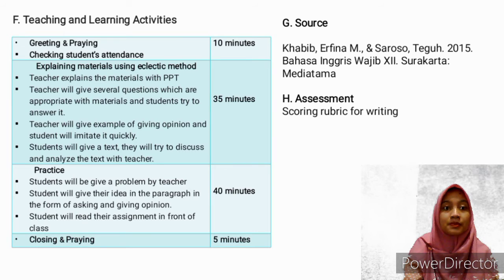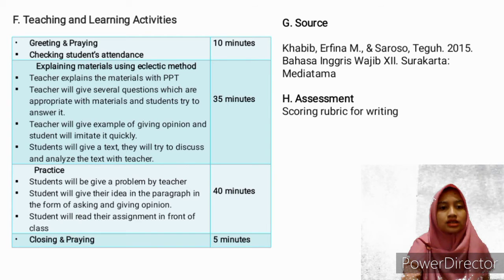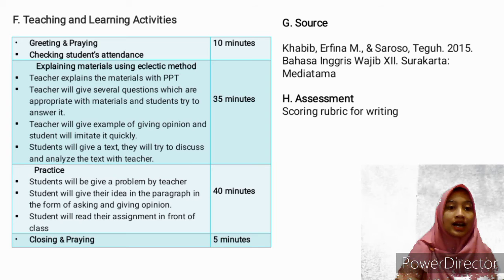Like in the mini practice of the first lesson plan, students will be given a text, and they will discuss and analyze the text with the teacher. After the teacher explains, gives questions and examples, and students imitate, they will analyze the text about asking and giving opinions.